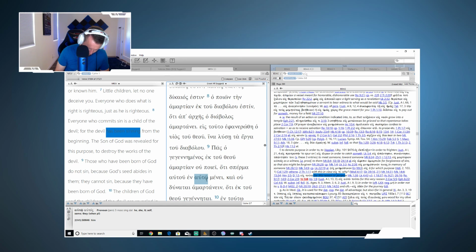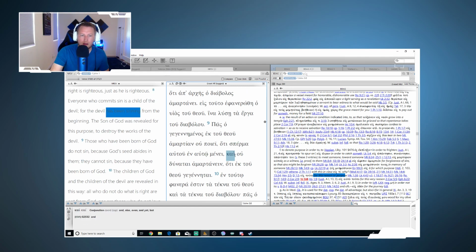And this is the required dative following preposition. And is not able to sin.